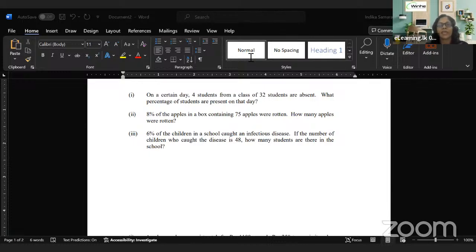Please read the question carefully, right? I think you haven't understood the question. What does it say? On a certain day, 4 students from a class of 32 students are absent. What percentage of students are present on that day? If 4 students are absent, then how many students are present? 32 minus 4 are present, right?